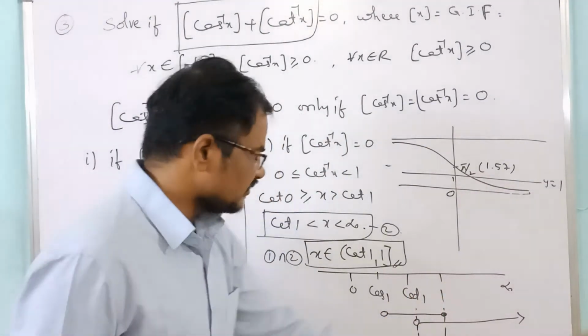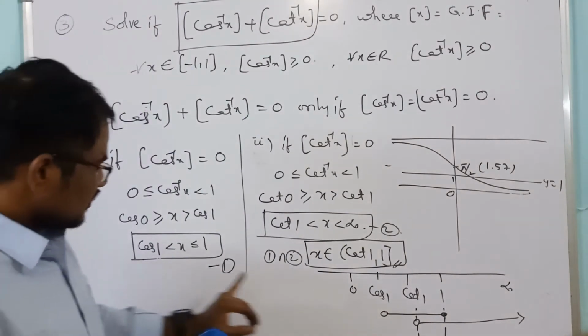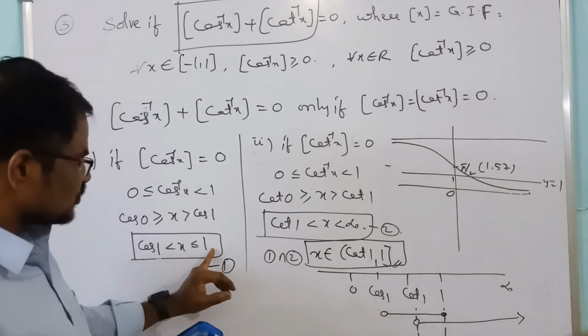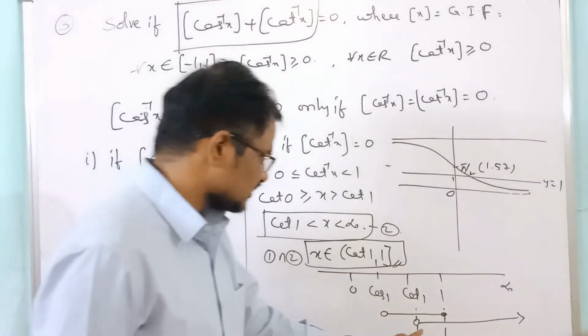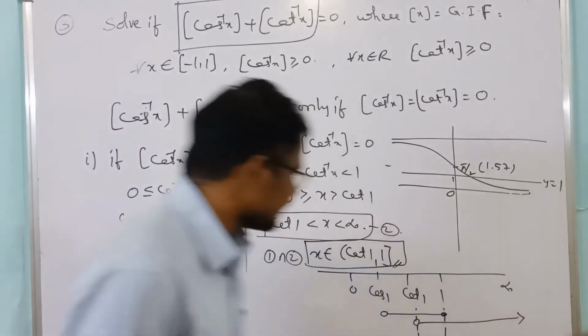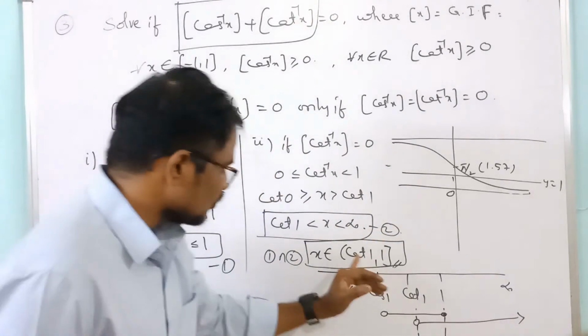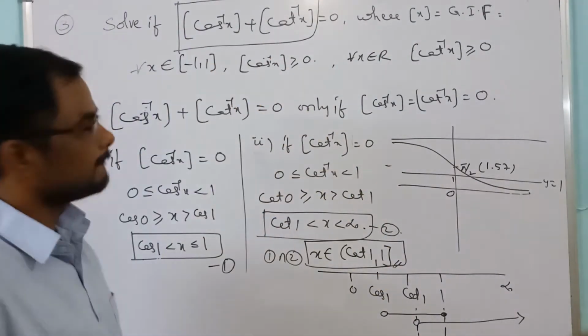Now it is infinity. Next, this is cos 1 to closed interval 1, meaning from here to here. This is cos 1 to closed interval 1, meaning 1 here, and cot 1 to infinity. So this is the common area, open interval cot 1 to closed interval 1, right? So this is about the third problem.